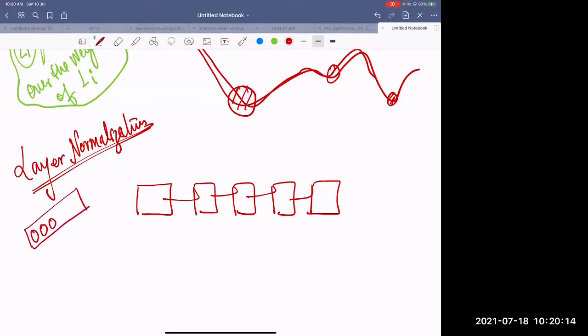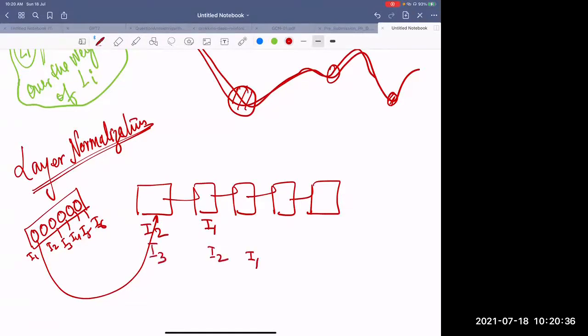Within the batch, you are having multiple things. First, you show it over here. This is I1, this is I2, this is I3, I4, I5, I6. So when I1 is here, then I2 will be here. When I1 will be here, then I2 will be here, then I3 will be here.